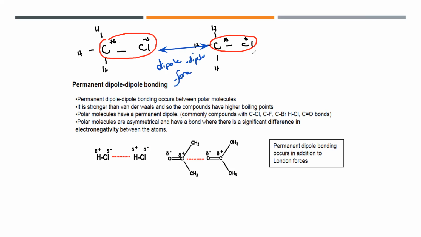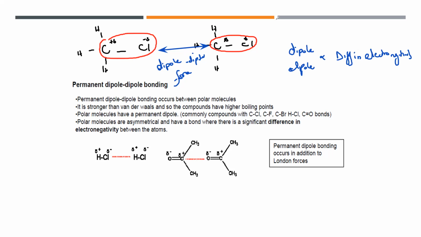And the dipole-dipole force depends on the difference in the electronegativity. If there is a greater difference in the electronegativity, they will have a stronger dipole-dipole force. So the dipole-dipole force is directly proportional to the difference in electronegativity. Greater the difference in electronegativity, greater the dipole-dipole force.